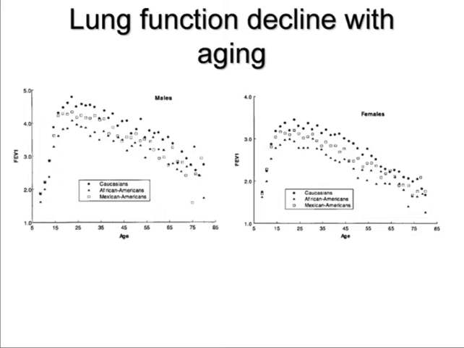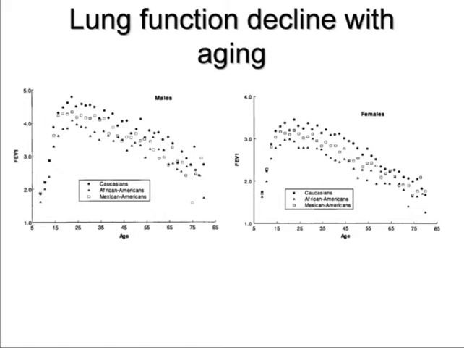This slide depicts the effect of aging on lung function using the spirometric measure of FEV1 in a large cohort study. As you can see, in 3 different ethnic groups and in both genders, the same trend is evident. Peak lung function occurs at approximately 25 years of age in men and approximately 18 years of age in women.